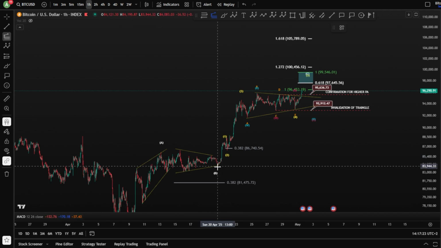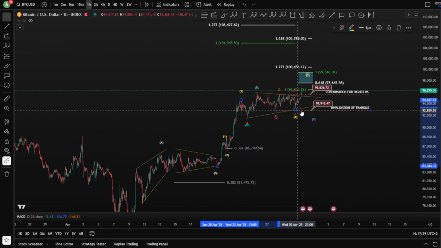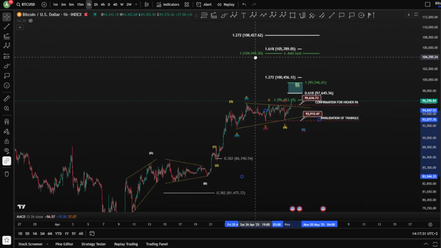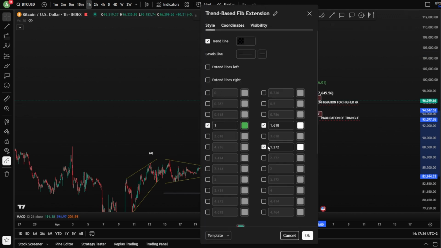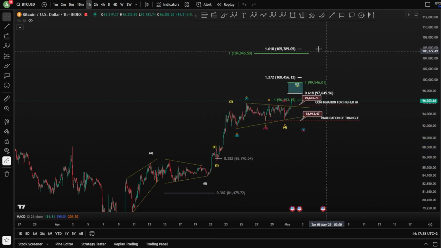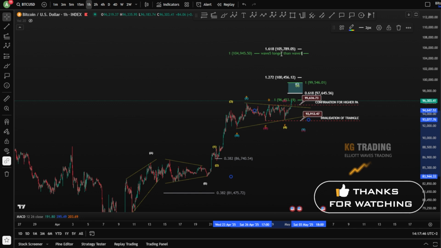We cannot give a wave 5 and a wave 1 longer than the wave 3. Meaning the 1-to-1 fib level for this wave 3, I'm going to just put the signal here. At this level, wave 5 is longer than wave 1.